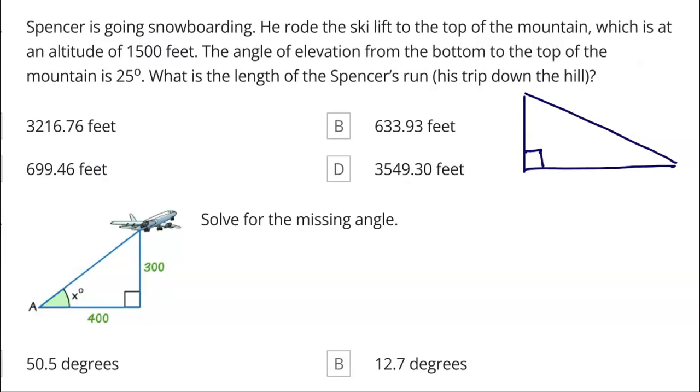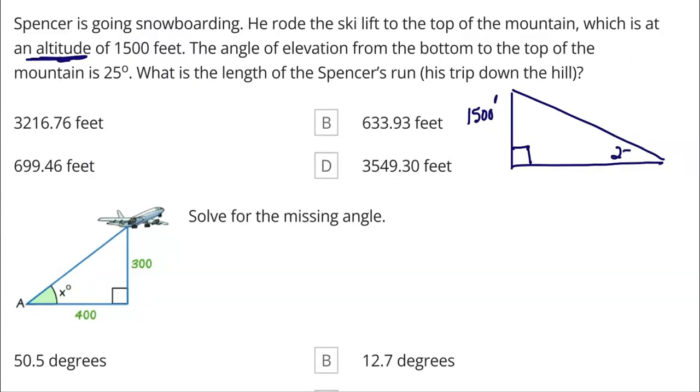He rode the ski lift to the top of the mountain, which is at an altitude, so that means straight up, of 1,500 feet. The angle of elevation from the bottom to the top of the mountain is 25 degrees. Remember where your angle of elevation goes. What is the length of Spencer's run, his trip down the hill?